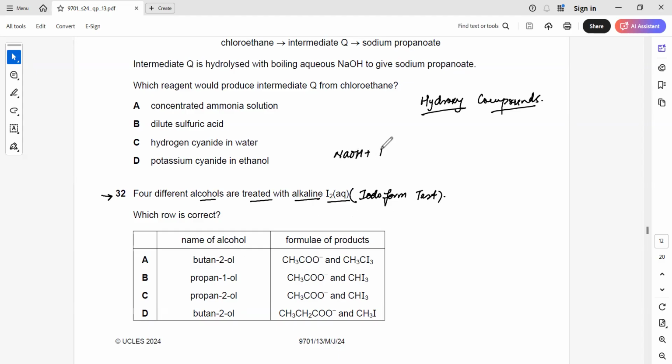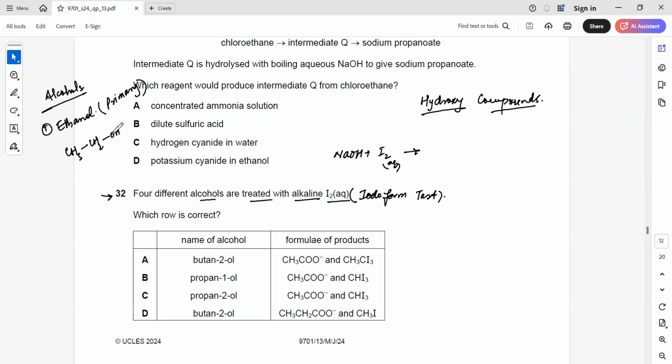For these types of reactions, remember one thing when we talk about alcohols: only ethanol is the primary alcohol which gives the iodoform test. Other primary alcohols do not give this iodoform test. For example, CH3CH2OH.